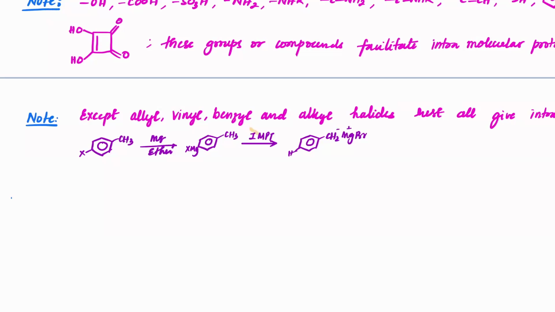So on this side, this reaction will not take place. Just keep that in mind. This reaction won't take place, so it will only stop at Grignard's reagent. You cannot expect an allylic hydrogen, vinylic hydrogen, benzylic hydrogen, or any alkyl hydrogen to replace the position of a Grignard's carbon.